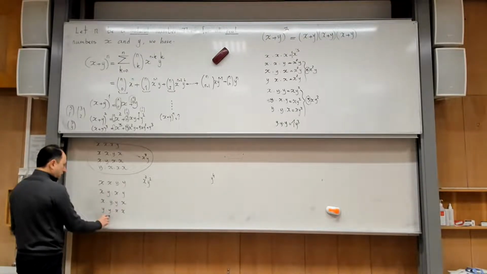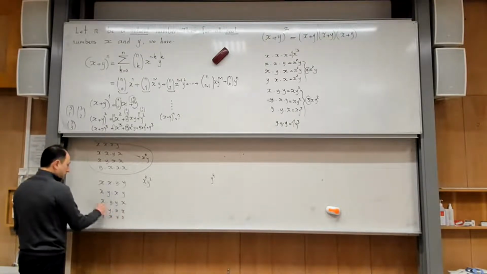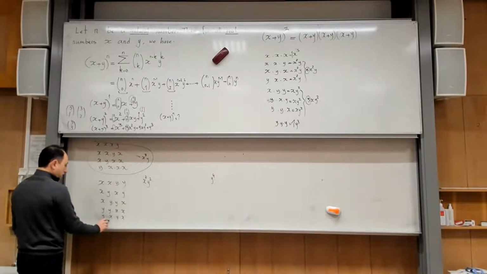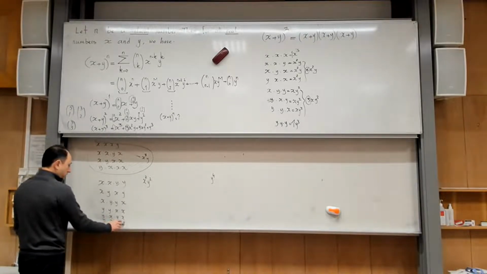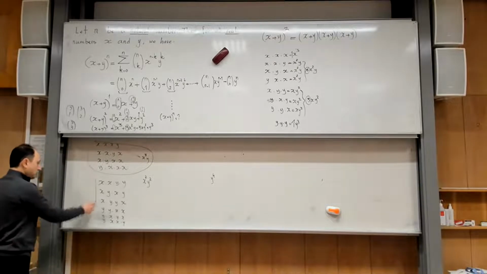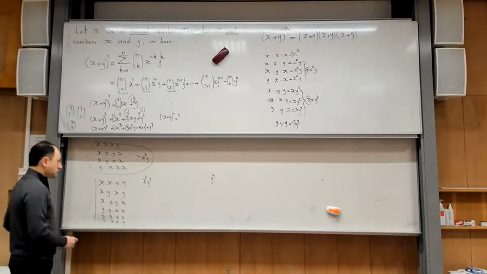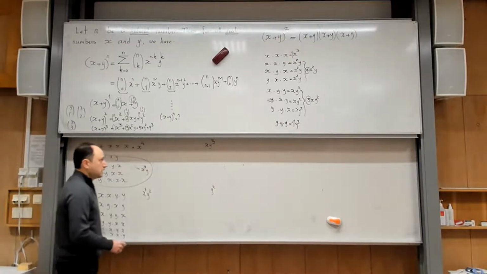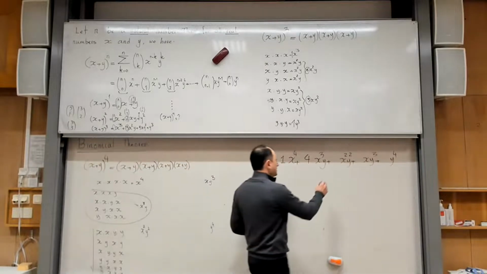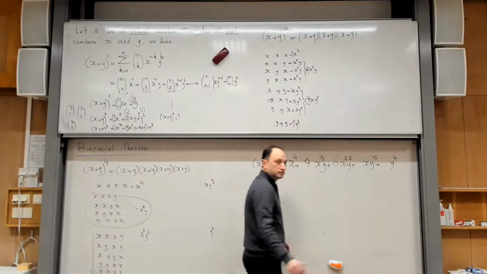This becomes y, x, y, x. And this becomes y, x, x, y. So I hope that you agree with me there are no other combinations that I can make here, yes? So how many of them are there? 6. So it means that this number, whatever it is, is 6.